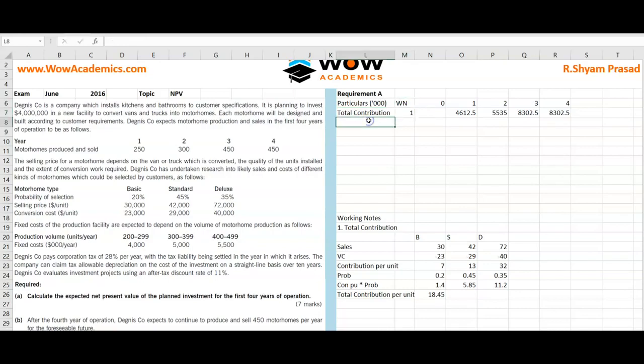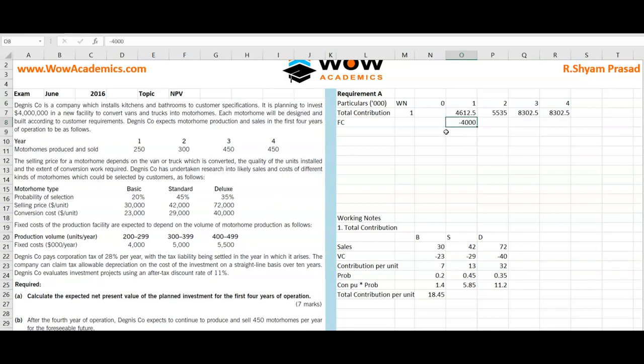Okay, so we'll go to the next one. So the next one is fixed cost. Fixed cost is in a range, so we have to work out in a range and find it out. So when we produce 250 units, the fixed cost is going to be 4,000. It is already in thousands only, so we have to take the 4,000 directly.